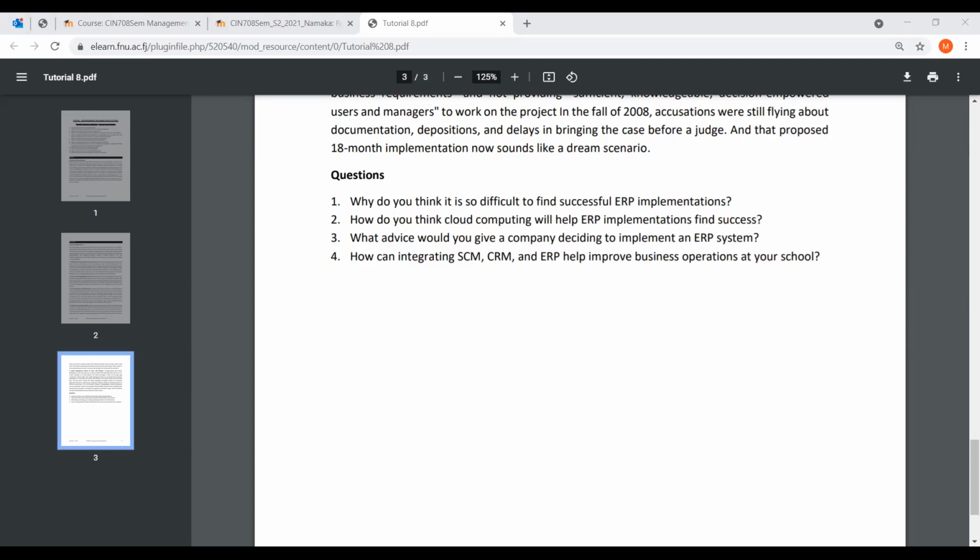Second, ensure the ERP meets the company's strategic goals.